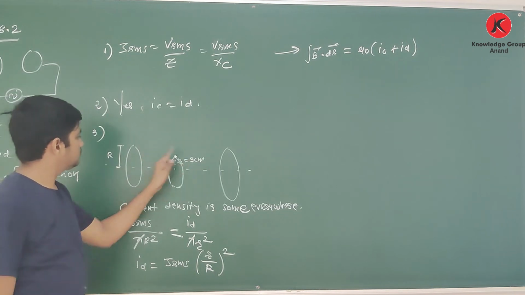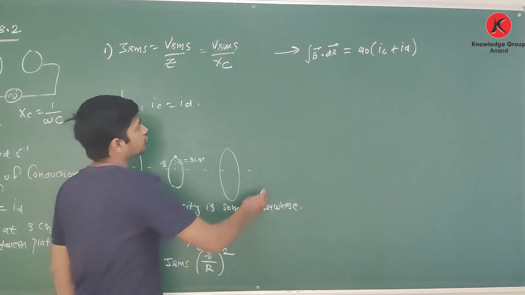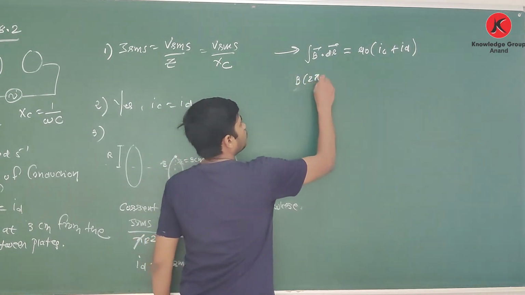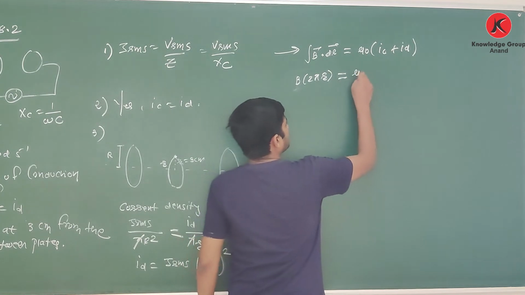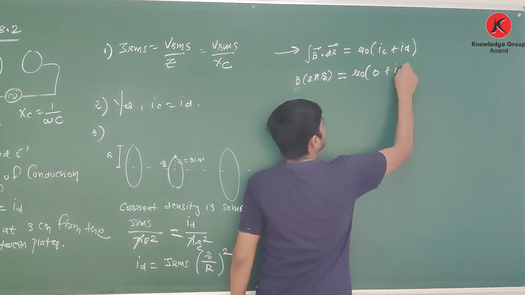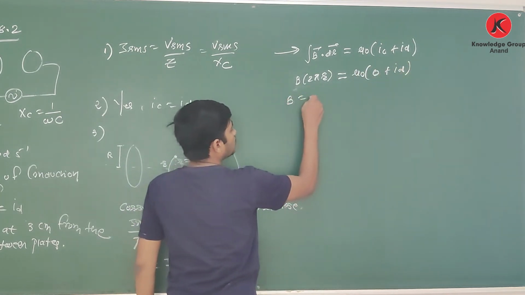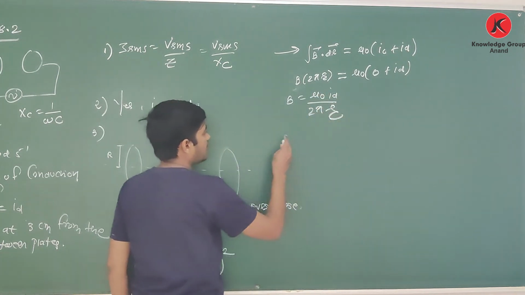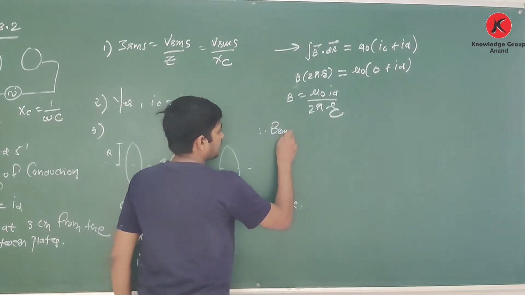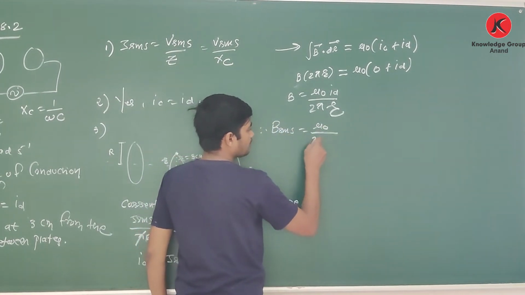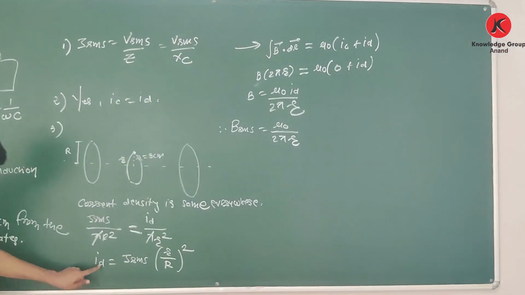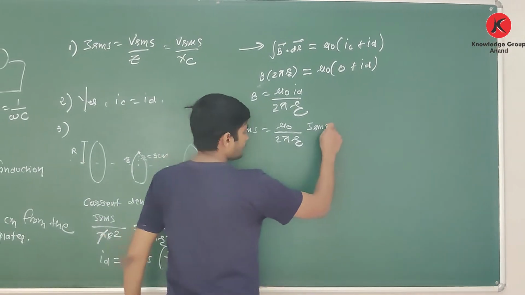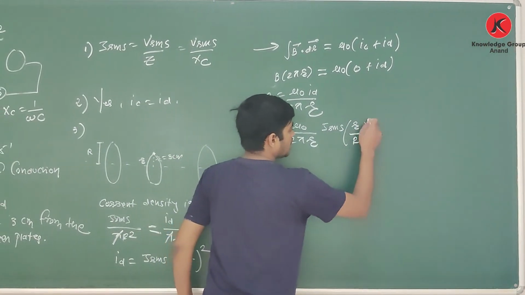Between two plates of the capacitor, I_C is equal to 0. So B 2 pi r is equal to mu 0 I_D, so B is equal to mu 0 I_D upon 2 pi r, and therefore B_RMS is equal to mu 0 upon 2 pi r times I_D, where I_D is I_RMS r square upon R square.